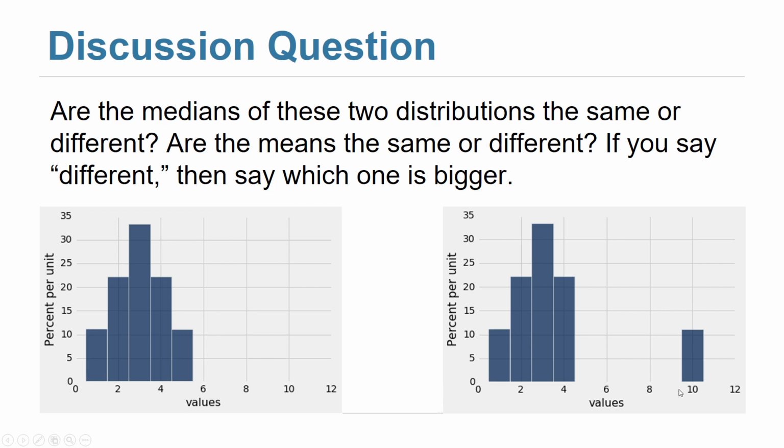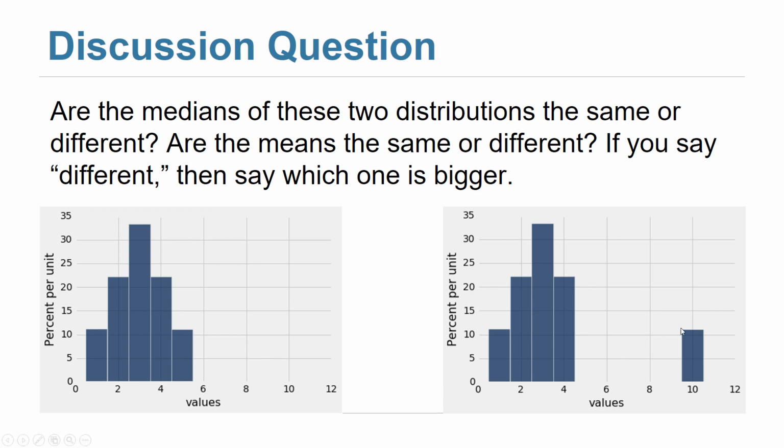Let's imagine that these values are weights. The bars here are weights, and I want to balance these weights over some point on this axis. So I will put a balance point somewhere so that the two sides of the point are balanced.